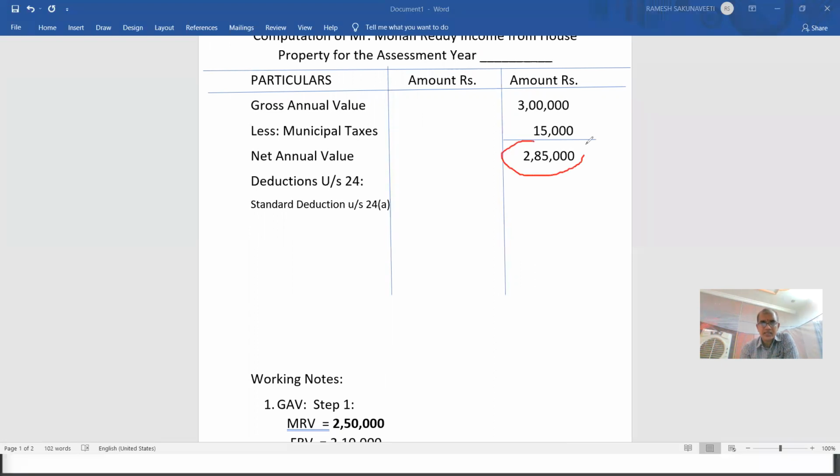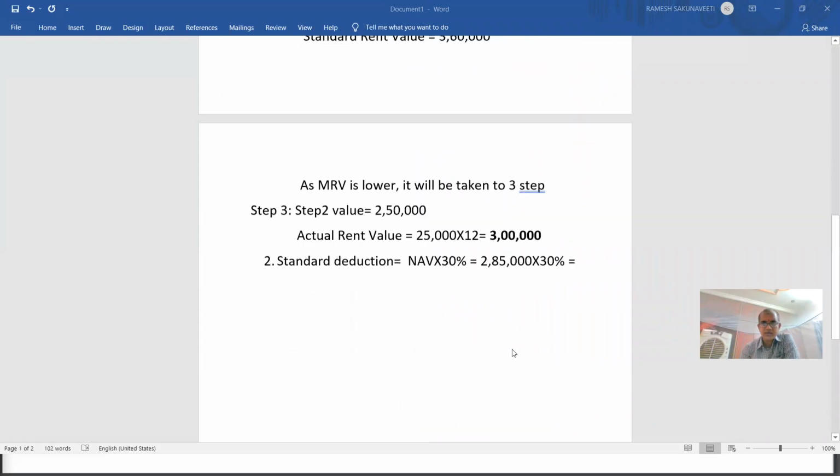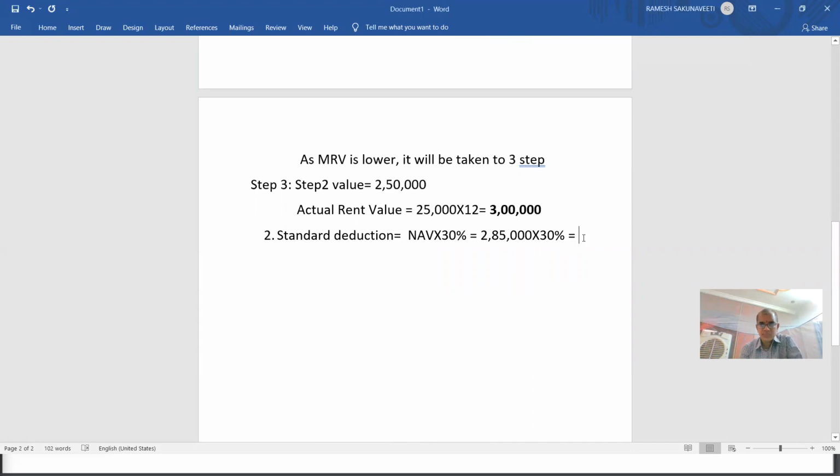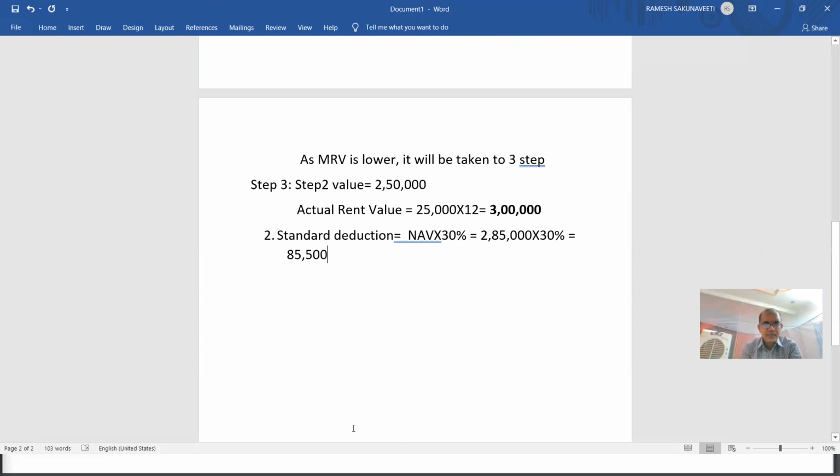You have to deduct 30% on this value. 85,500, sir. 85,500. Very good. Thank you. So it is equal to 85,500.